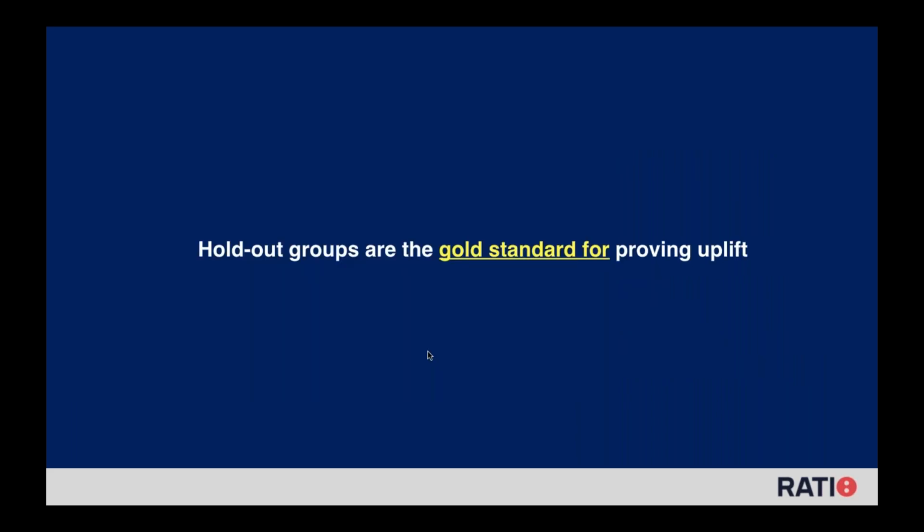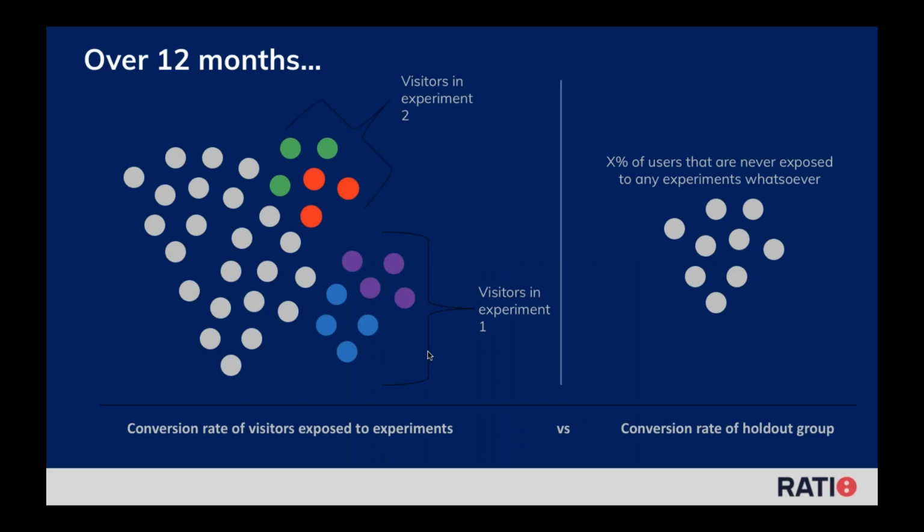So the gold standard for determining the impact of an experimentation program, in order to try and win more budget and resources to take it further, is to use holdout groups. Holdout groups are basically a percentage of the audience on our website that never at any point in time become exposed to any experiments whatsoever.